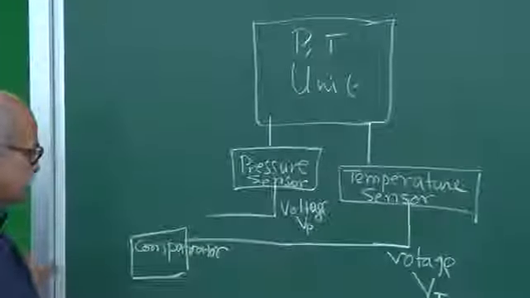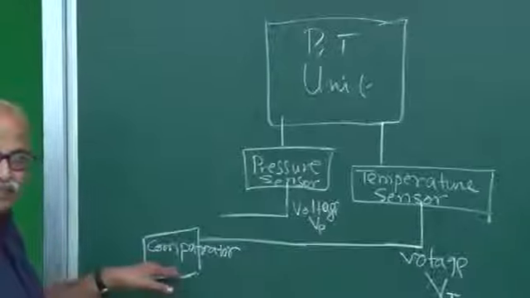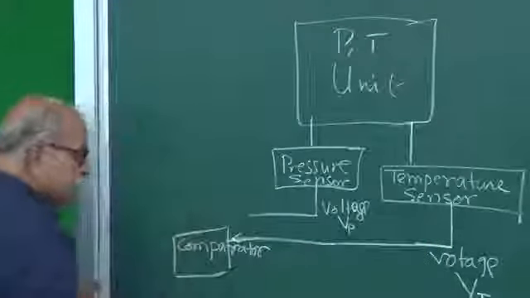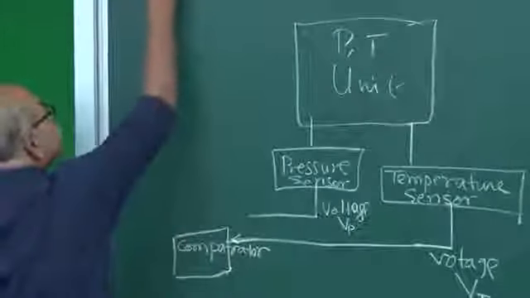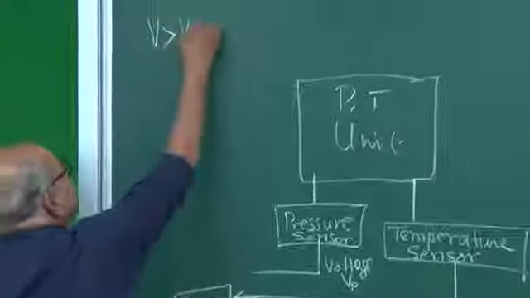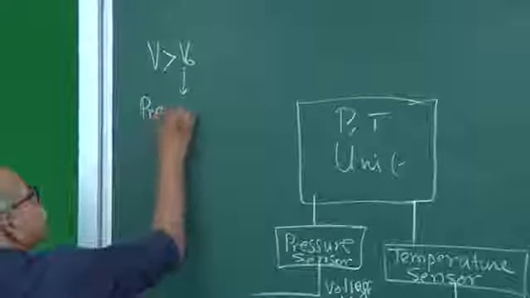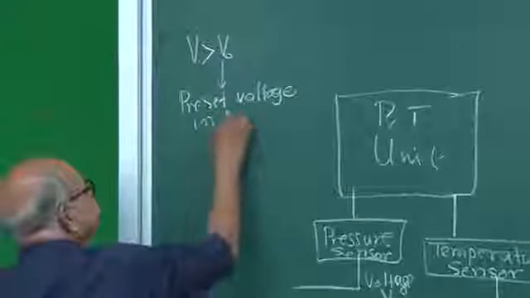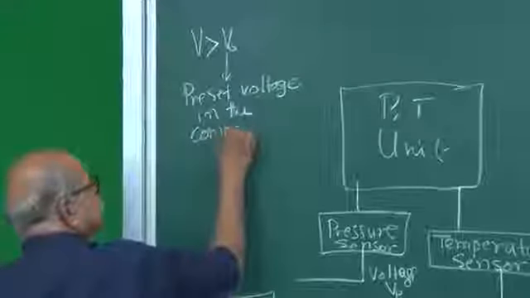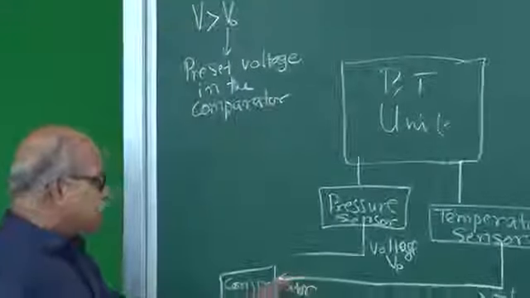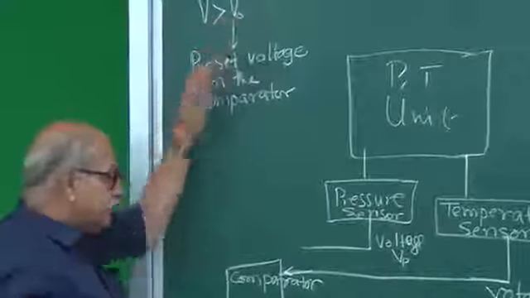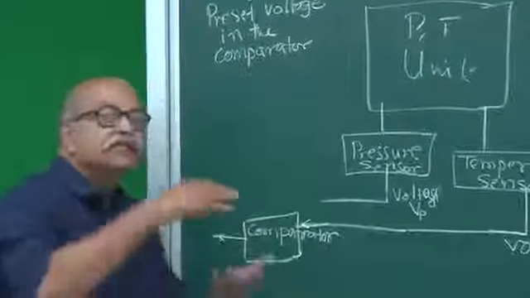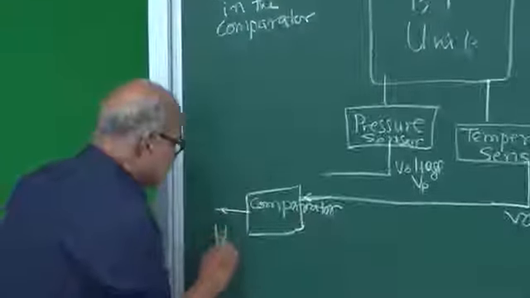This comparator circuit has some predefined voltage set, the preset voltage, and if the input voltage which is coming from the sensor is greater than this predefined voltage, it gives me an output which has a high, fixed value, of course, let us say 3 volts. So, it gives me a 3 volt value which I will call high.